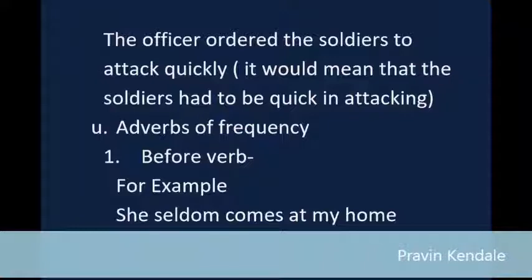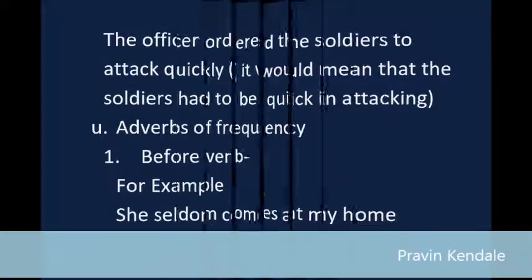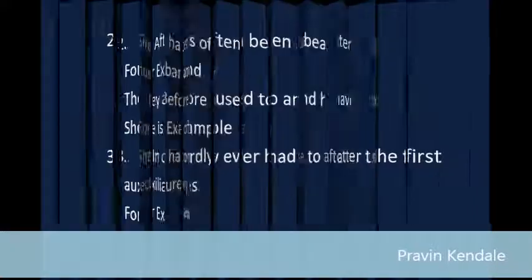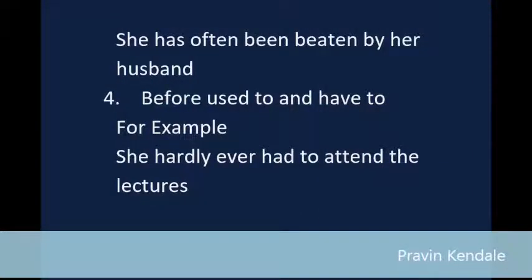Adverbs of frequency. 1. Before verb. For example, she seldom comes at my home. 2. After the verb to be. For example, they are always late. She is often early. 3. In compound tense after the first auxiliary. For example, she has often been beaten by her husband. 4.